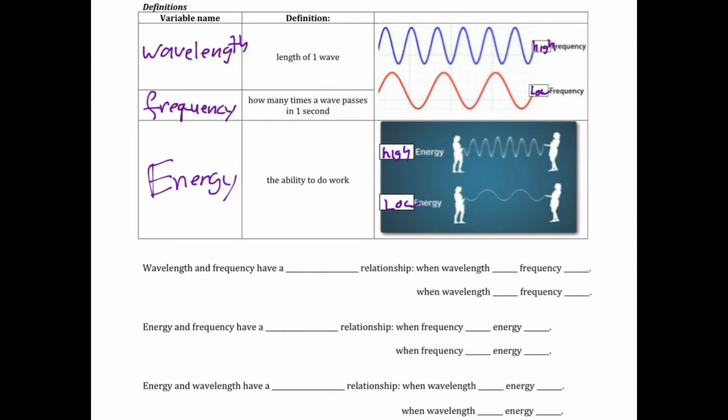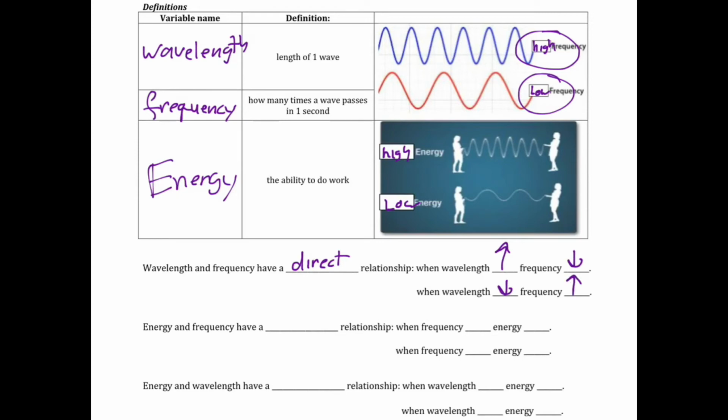Now, notice here, this is high frequency, this is low frequency. But what about their wavelength? Well, this is a larger wavelength than this. And so notice how when you increase wavelength, frequency goes down, and when you make wavelength smaller, frequency goes up. That means when wavelength increases, frequency decreases, or when wavelength decreases, frequency increases.